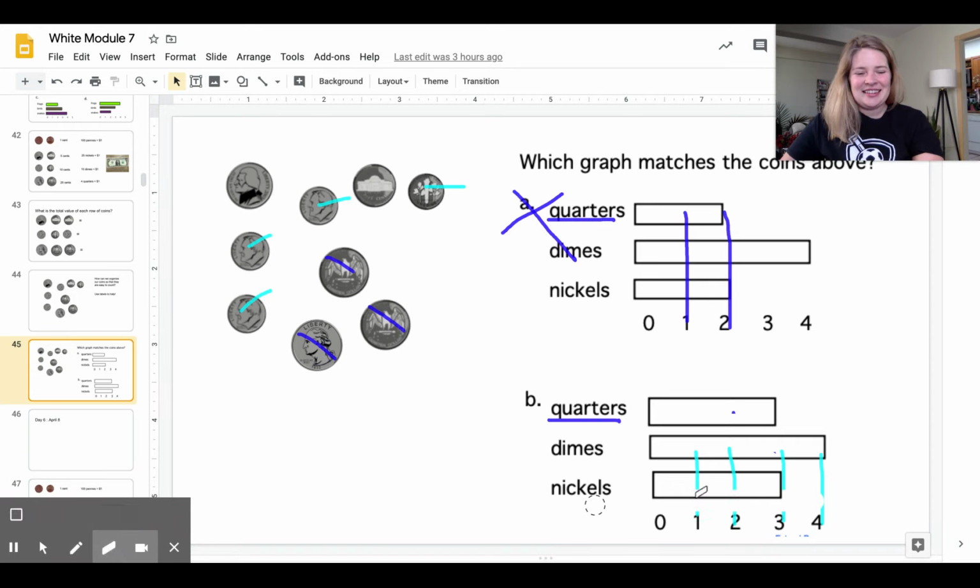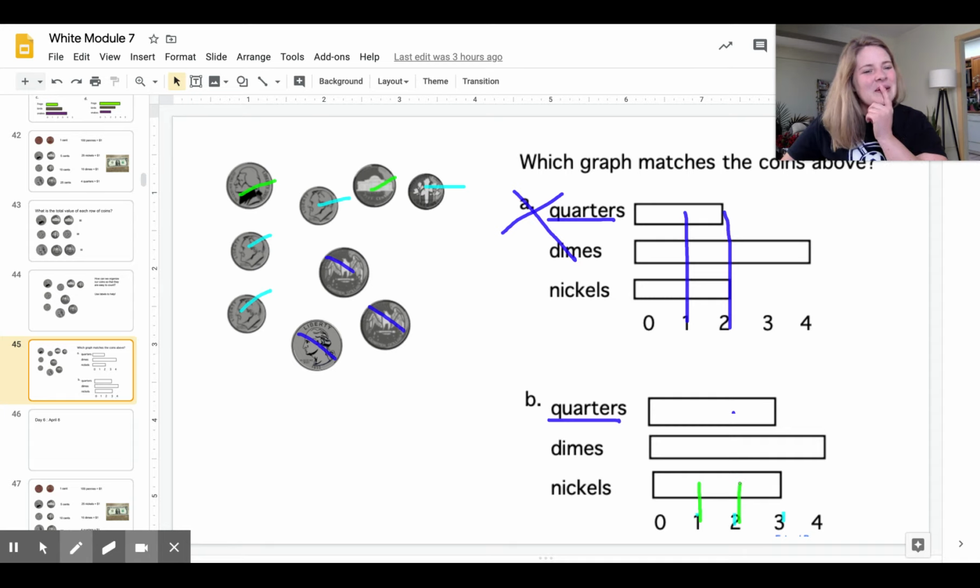All right, last stop. Let's do nickels. Remember, a nickel is worth 5 cents. How many nickels do we have? We have 2 nickels. Let's make sure. 1, 2.